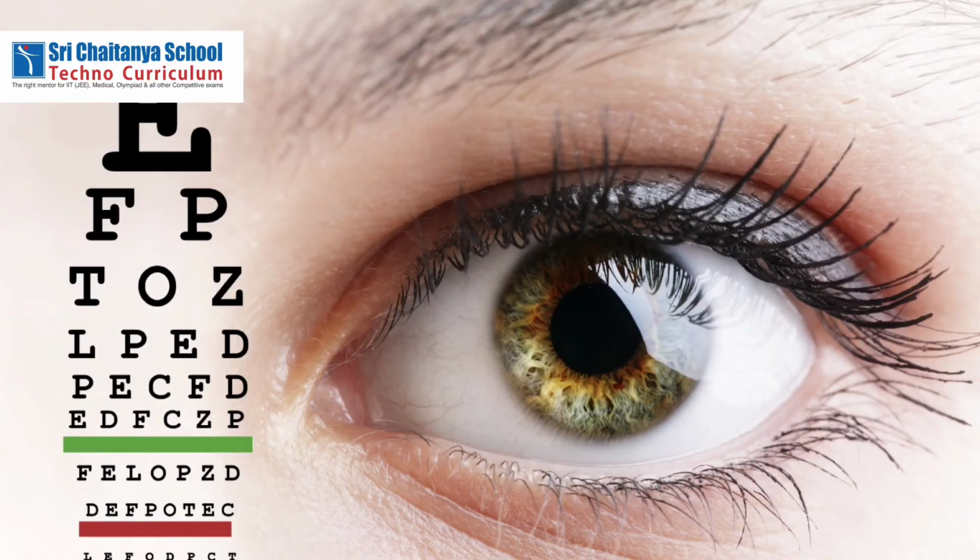The next eye disease is xerophthalmia. In this condition, the eye fails to produce enough wetness. Due to that, the eye dries up and causes loss of vision. The next eye disease is myopia, nearsightedness.